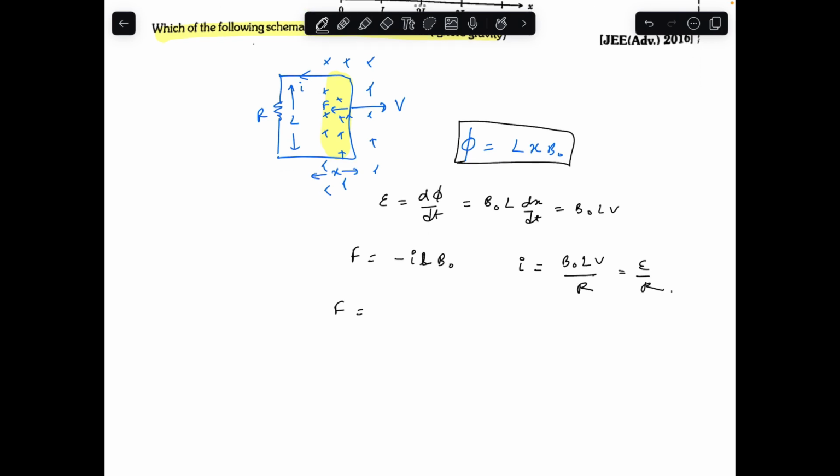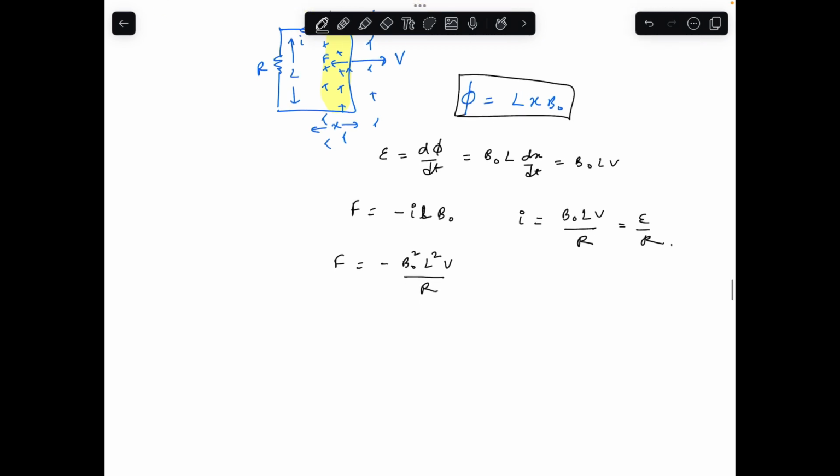So what force do you get? Minus of B naught square L square V by R. This is the force. So force can I write as mass into acceleration? Acceleration is V dv by dx, because I have to find a relation with x.